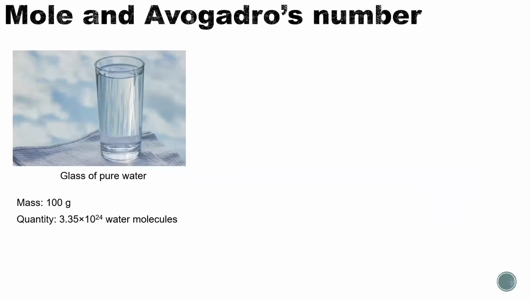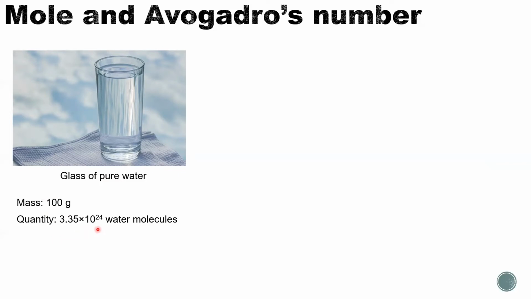Imagine you have a glass of pure water with a mass of 100 grams. If we want to count how many water molecules are there in this 100 grams of water, we can count that to be 3.35 times 10 to the 24th water molecules. Each molecule is very, very small.